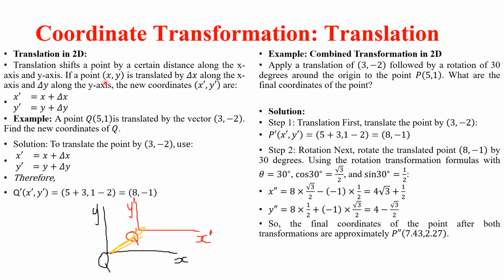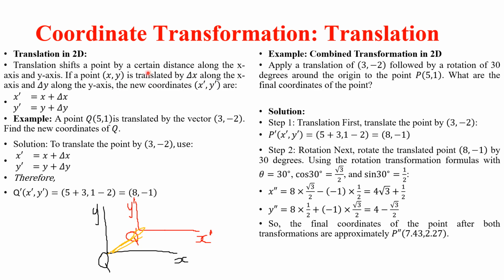Now, if a point x, y is translated by change in x along the x-axis, and along the y-axis there is a little movement, maybe horizontally, upwards, as the case may be. Of course, change in y can be 0, it can be any number, as the case may be.